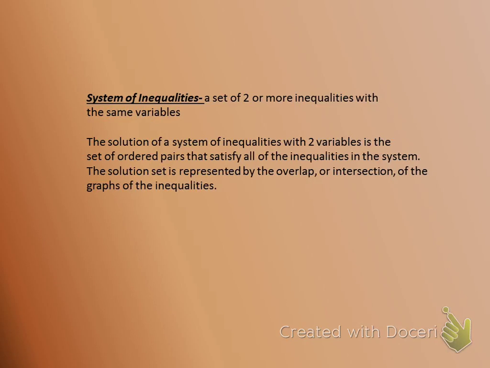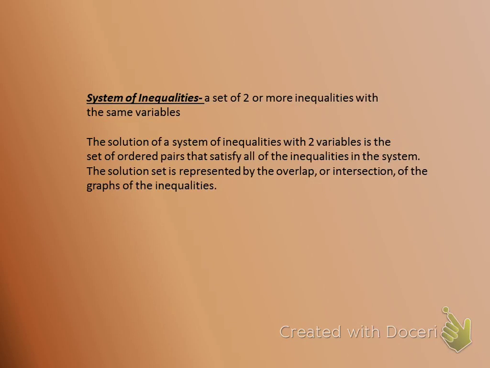Now, for a system, you have to be true for not just one, but for both. You can't be true for just one. That's the difference. Therefore, the solution set is represented by the overlap, or the fancy word intersection, of the graphs of the inequalities.